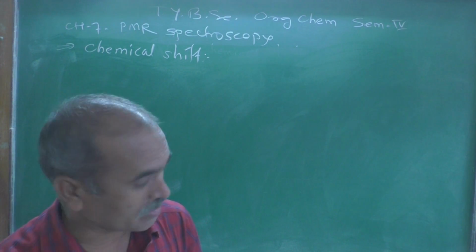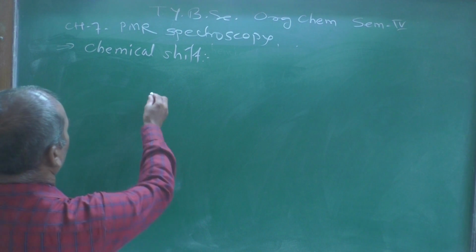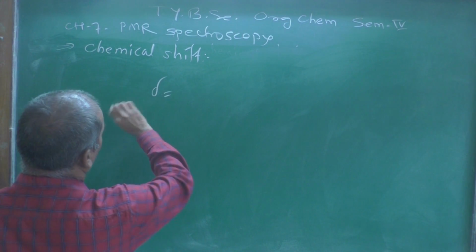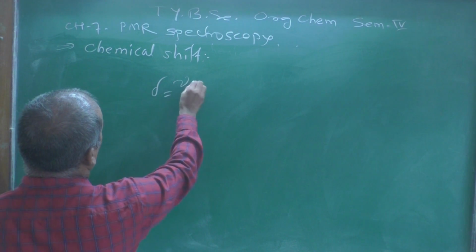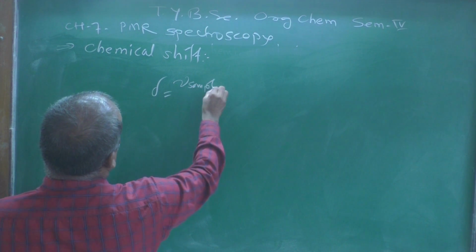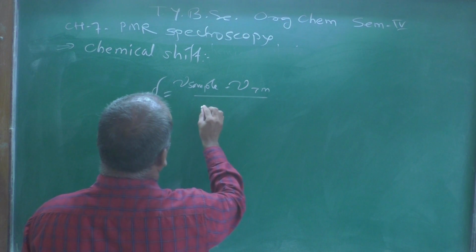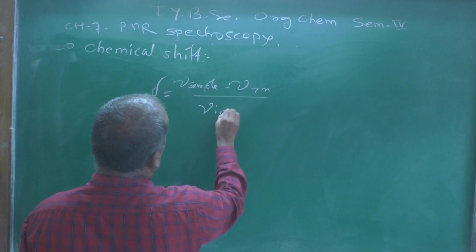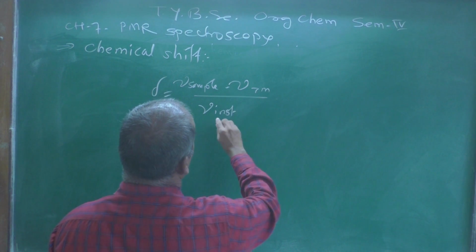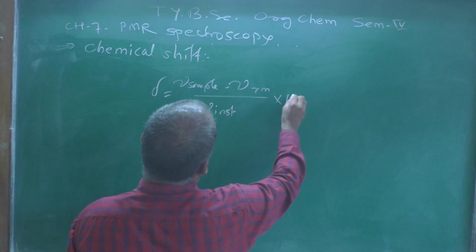Now, the chemical shift mathematically, in short, is delta equal to V sample minus V TMS, divided by V instrument, the frequency of the instrument, into 10 raised to 6.